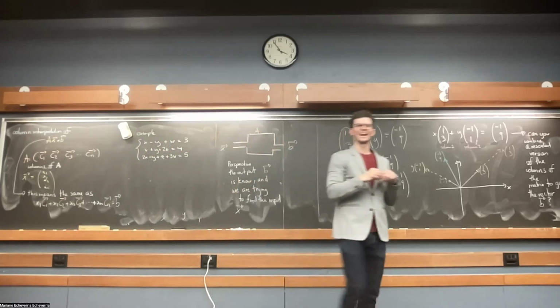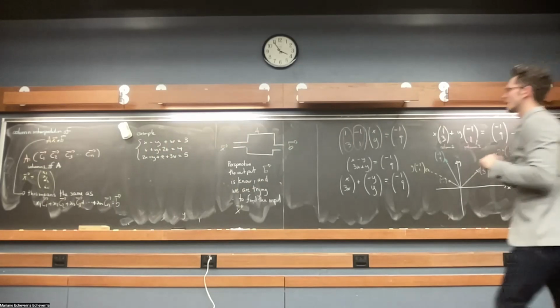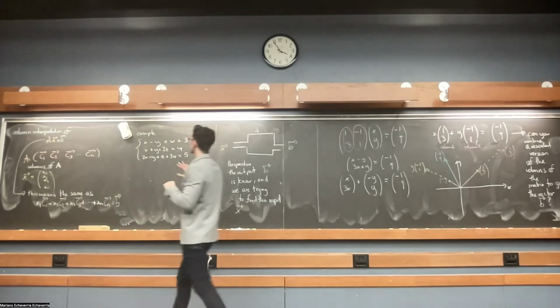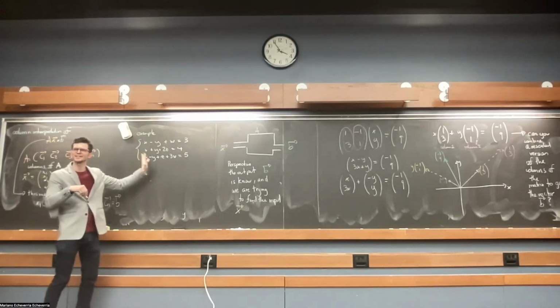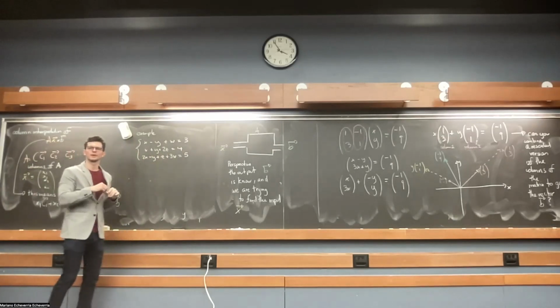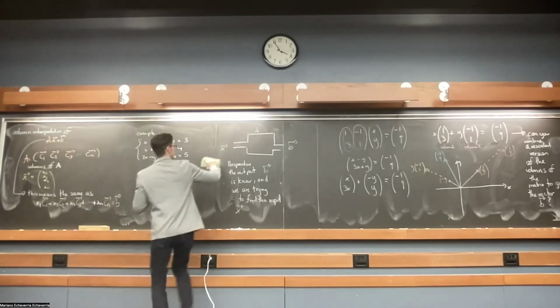I like this example because now it won't be a square matrix, so it's useful to get used to it. I'm going to follow an order: x, then y, then z, then w, when I rewrite this system of equations.